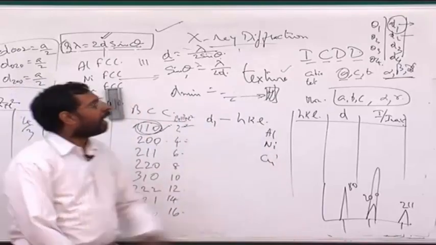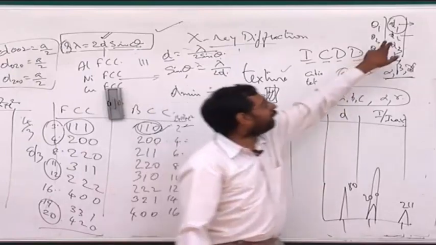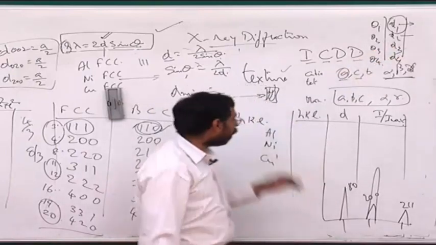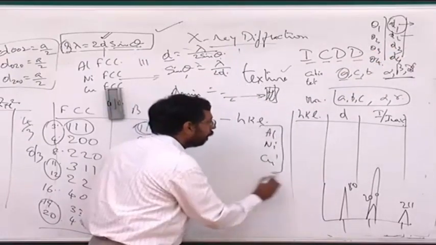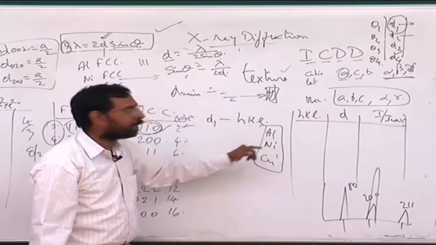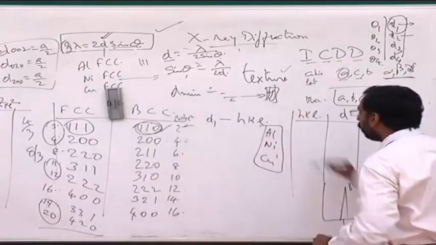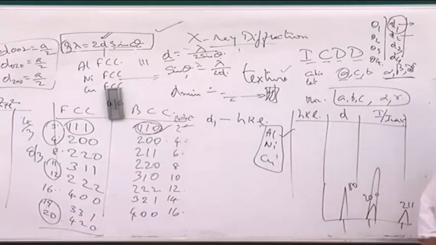To know that, I have to now look at D2 and D3. See if the D2 and D3 are also matching with the same materials, some HKL of aluminum and nickel and copper.